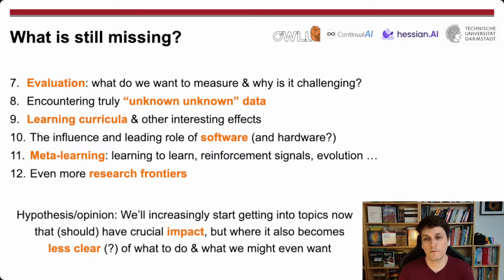We'll then finish off this cycle with algorithms in learning curricula and other interesting effects. A curriculum is the effect of ordering task data and all the interesting patterns we can see there.